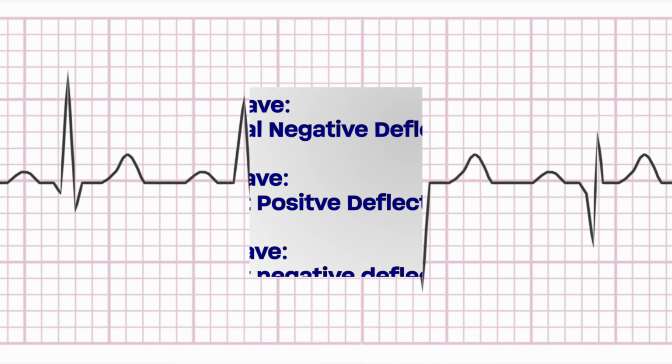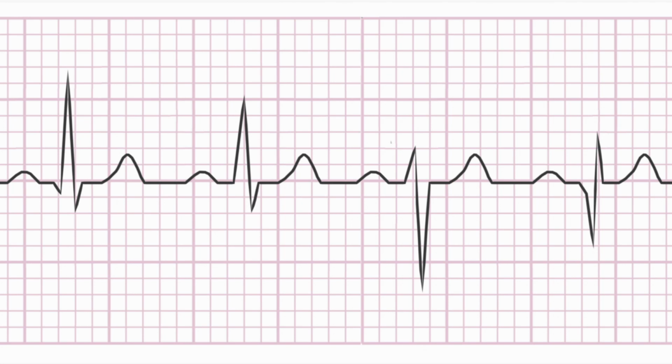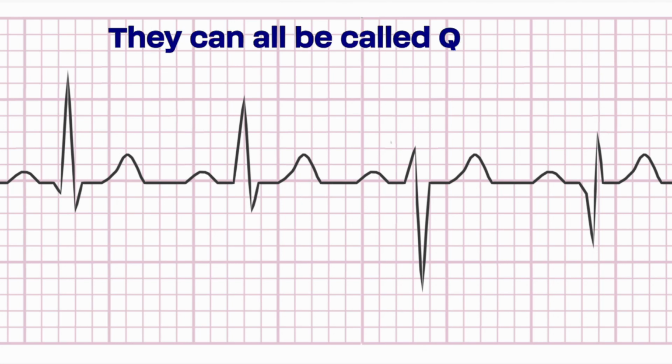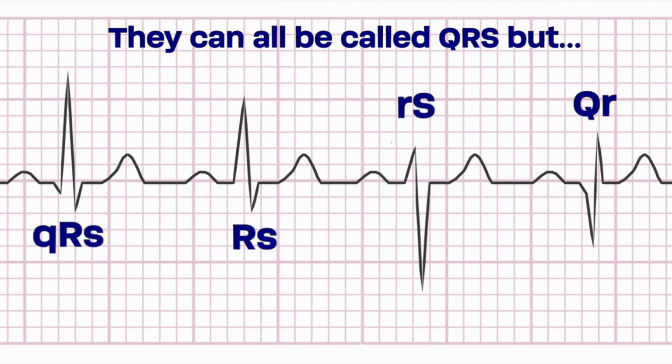One thing to notice here is that whether or not any complex contains all three components, we can still call it a QRS complex when referring to ventricular depolarization as a whole. If we need to talk about more specifics, these complexes can be named as they're shown here, just naming the included waves, and for extra points, capitalizing the biggest one and leaving the rest lowercase.